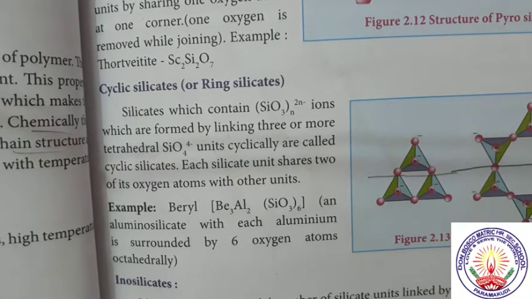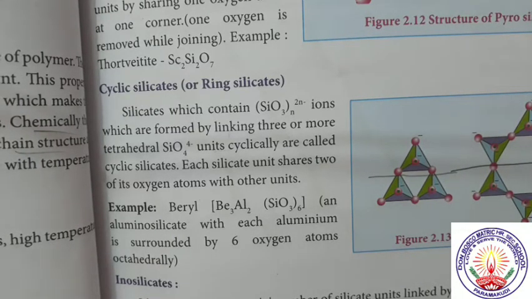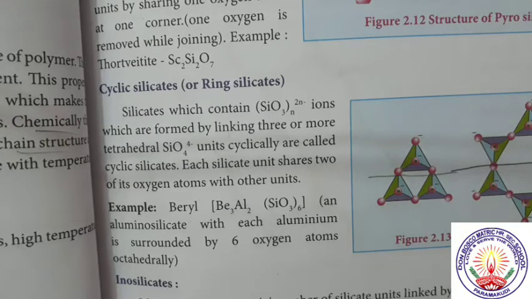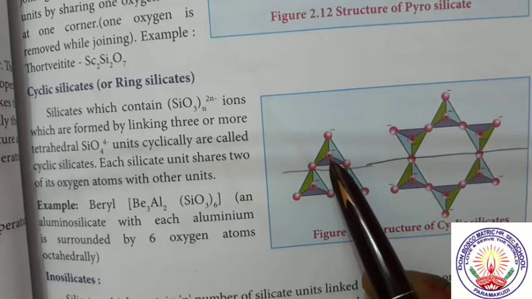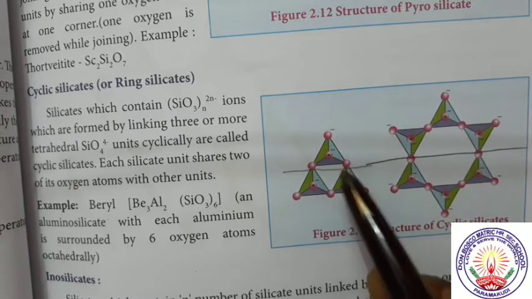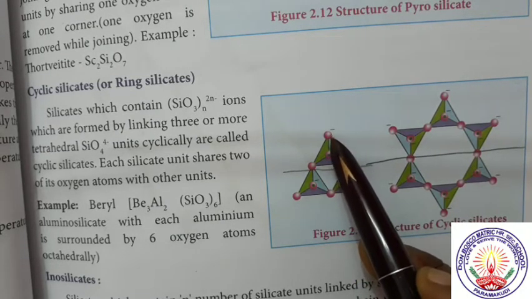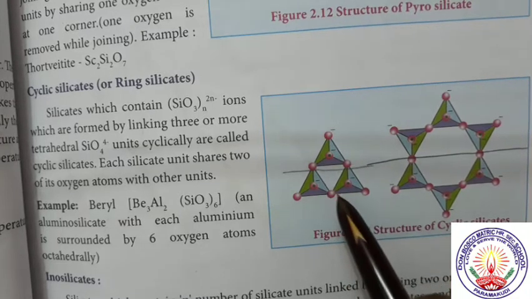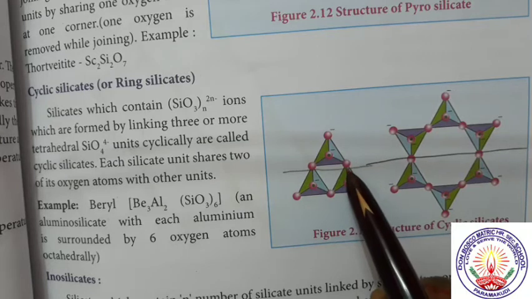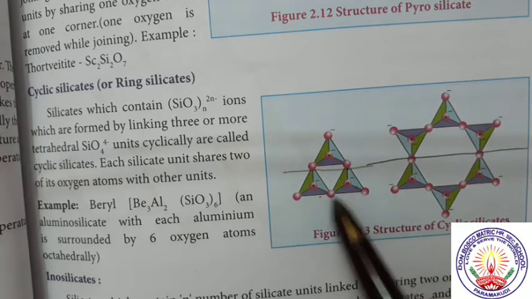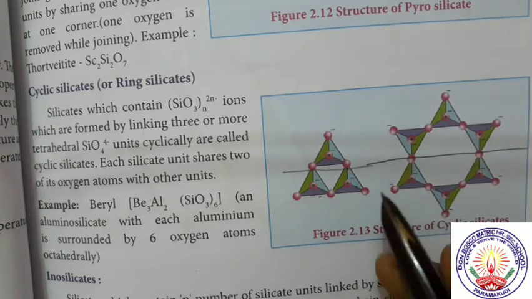These are usually called cyclic silicates. You see here, this is Si silicon and oxygen 1 2 3. So one unit is sharing two of its oxygen with two other units.